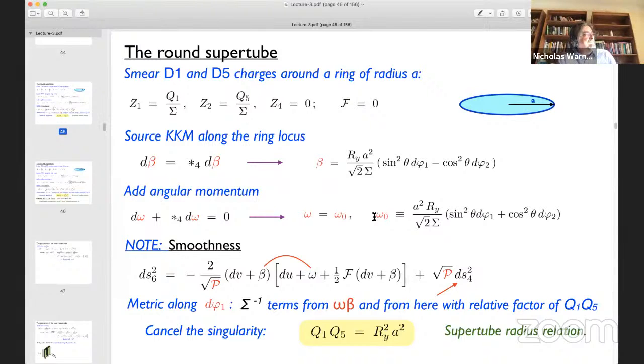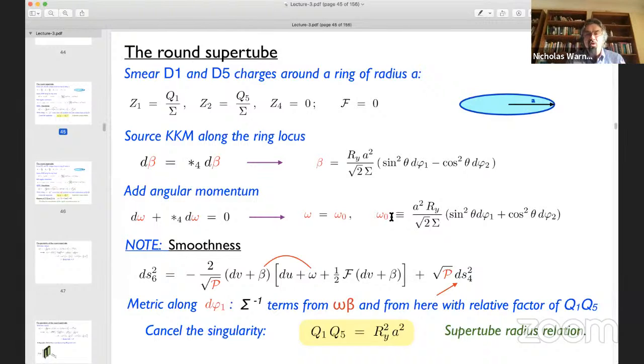Okay. I guess there's another consideration which I went through in the very first lecture. You can ask the question, if I've got a D1, D5 system, is there a way I can give it some shapes and shape modes and still preserve the same set of supersymmetries? This is sometimes called the supertube transition, but there's another issue embedded in this.